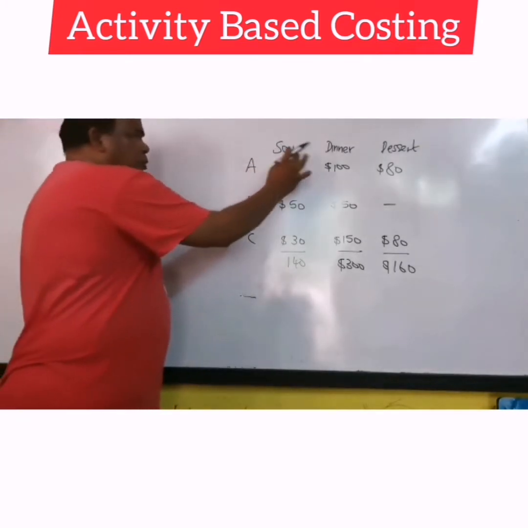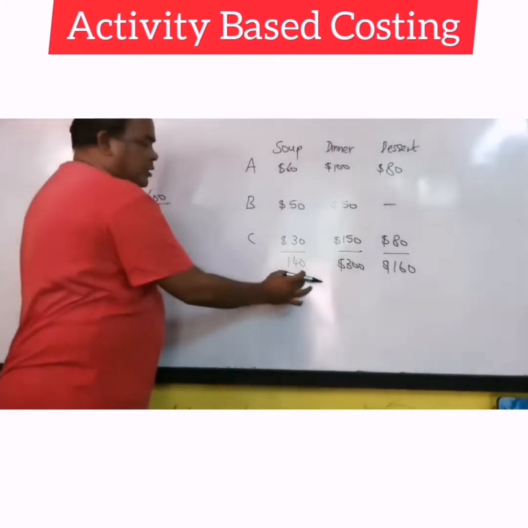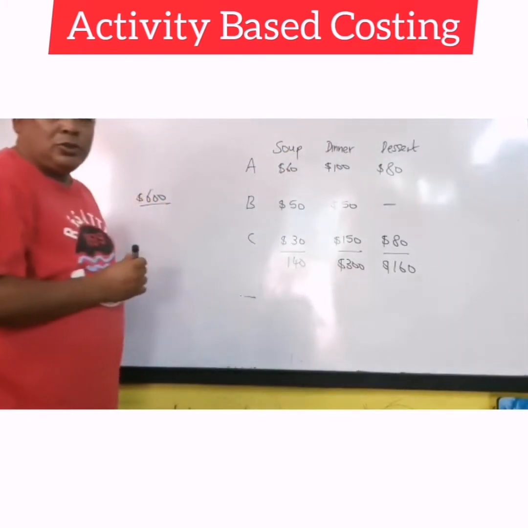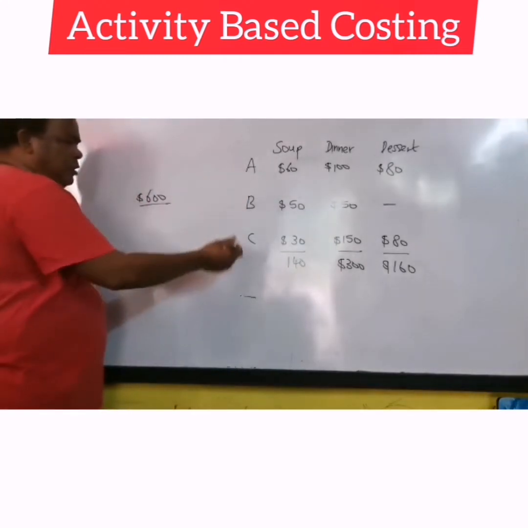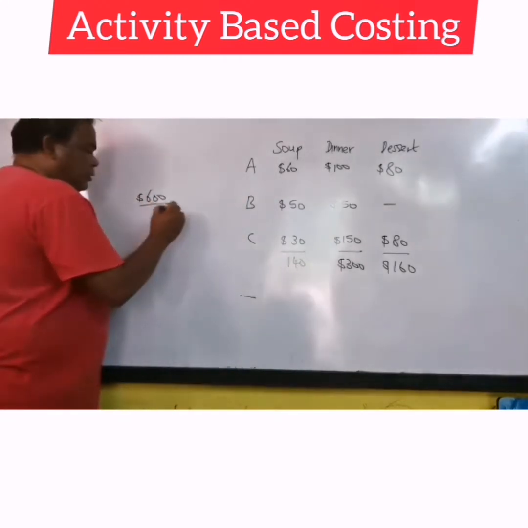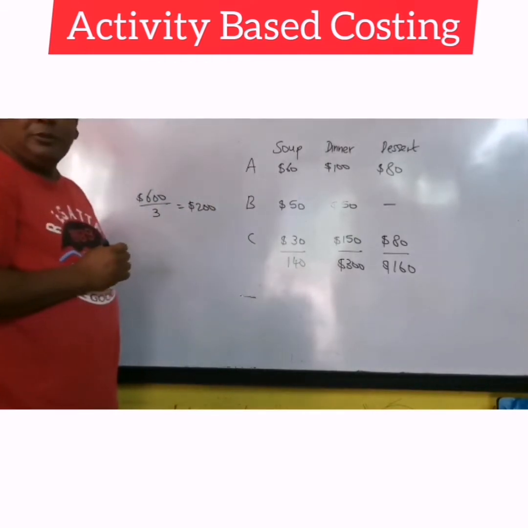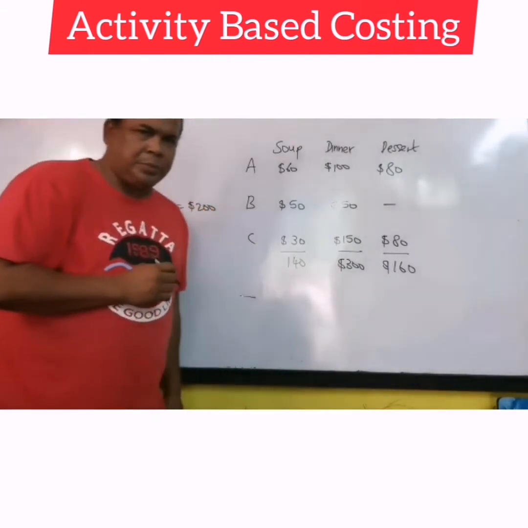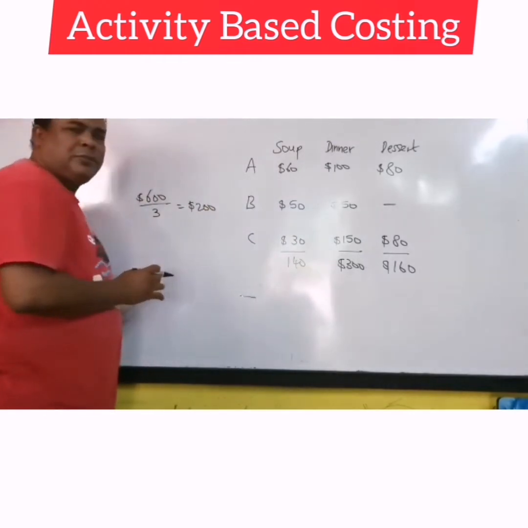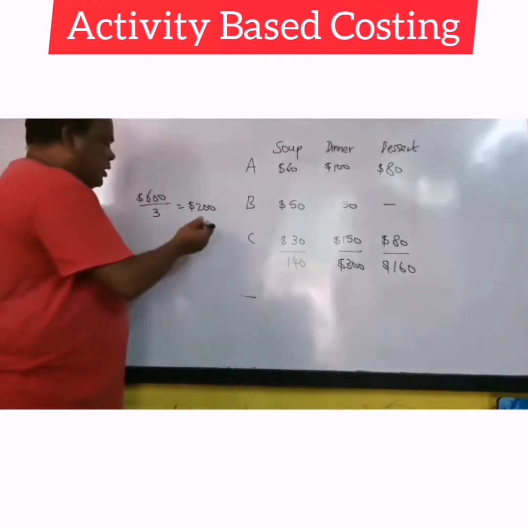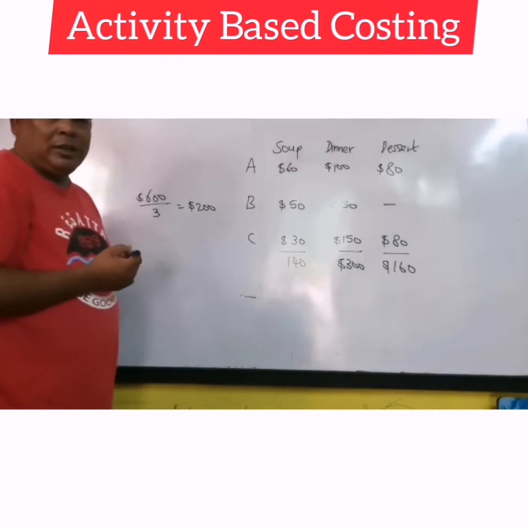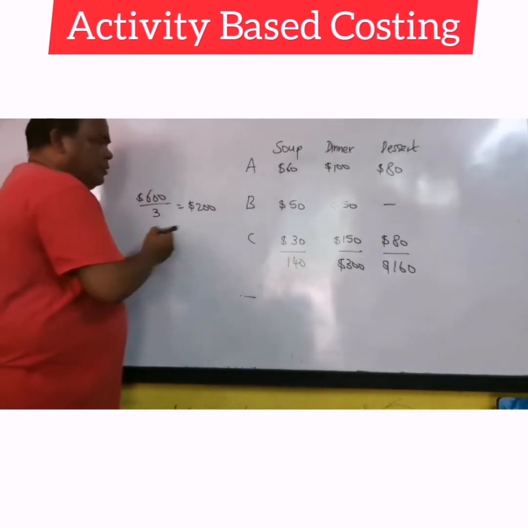They ordered soup, dinner, dessert, and this is the bill that they have to pay. So normally, since they are 3 friends, they will divide by 3, and each one will pay how much? $200. They will not say anything in front of the waiter. They will just give $200 each, and they will pay the bill.